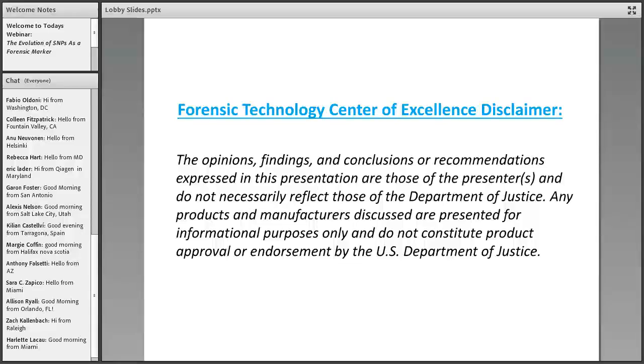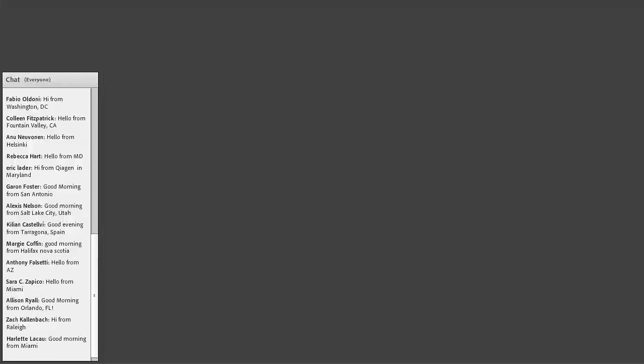Particularly, massively parallel sequencing or next-generation sequencing technologies have been sort of a forensic SNP booster shot. And now SNPs can really complement STRs in individual identification, familial searching, and missing person cases, and can even provide biogeographic ancestry information. So I look forward to today's presentations, and we can get started.